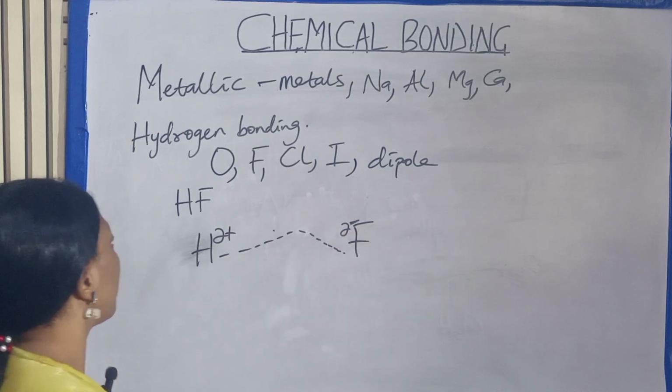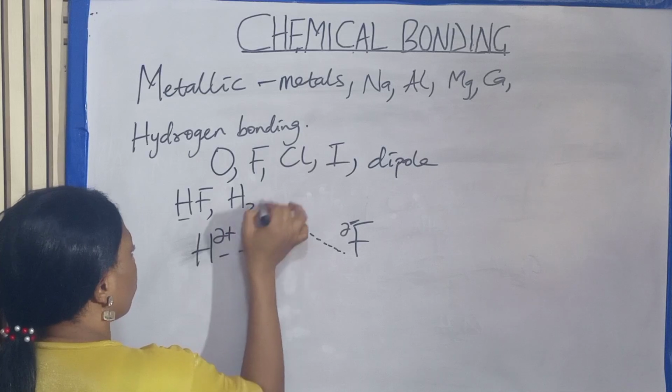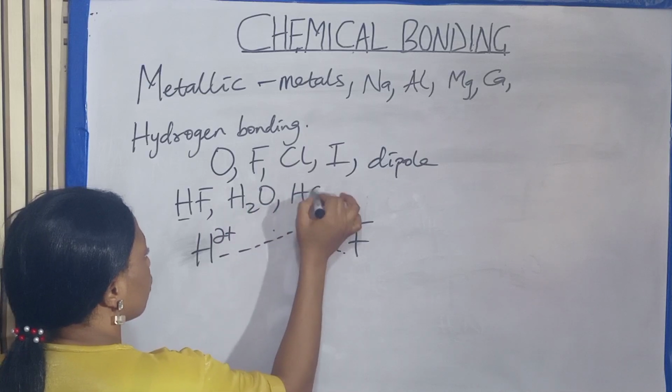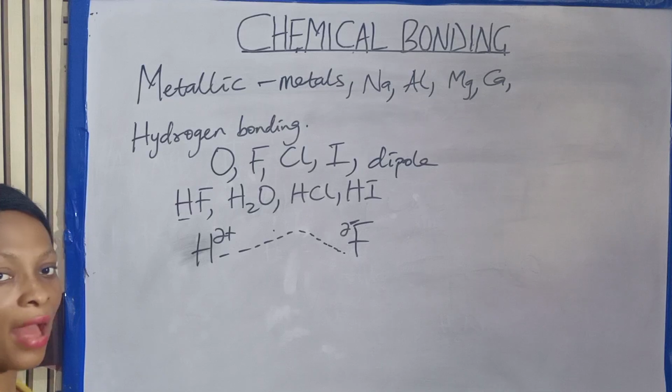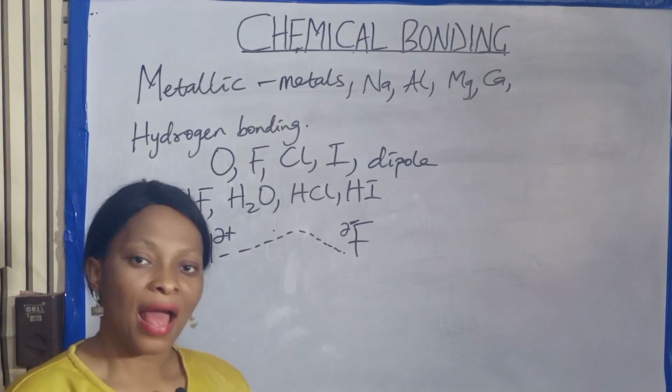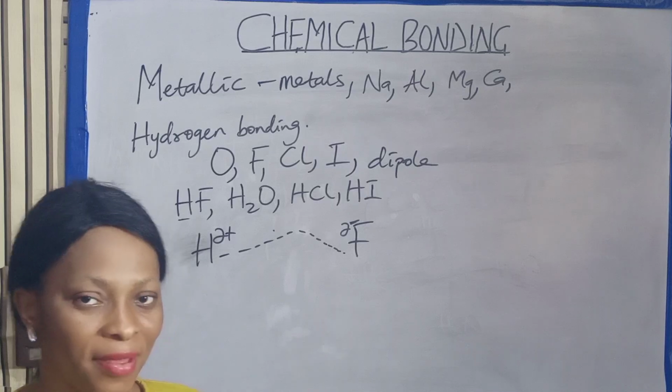So, examples of hydrogen bonding include hydrogen fluoride, water, hydrogen chloride, hydrogen iodide. Remember, hydrogen bonding is between hydrogen and highly electronegative elements.